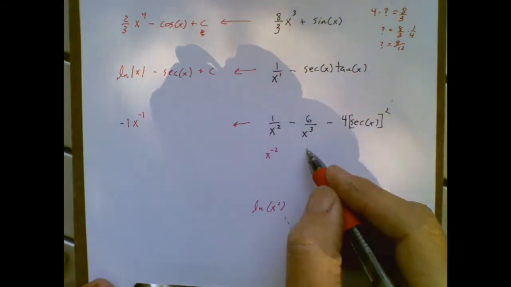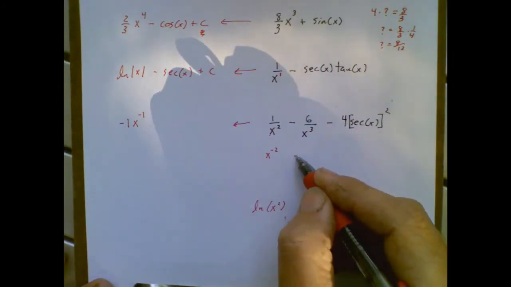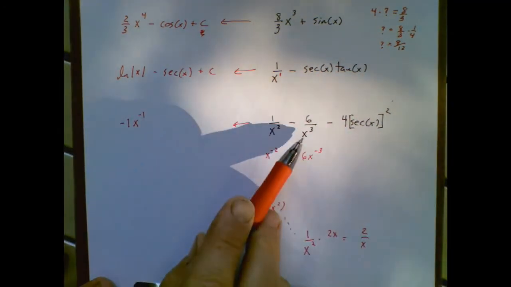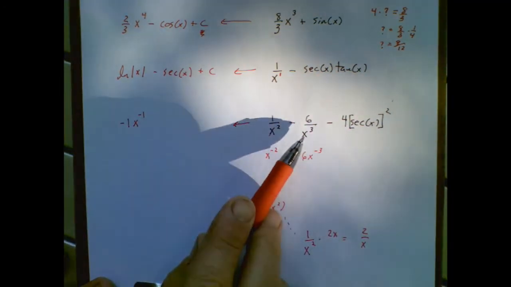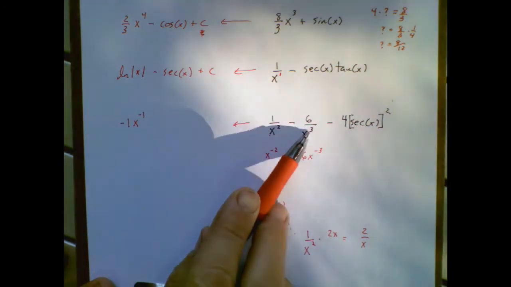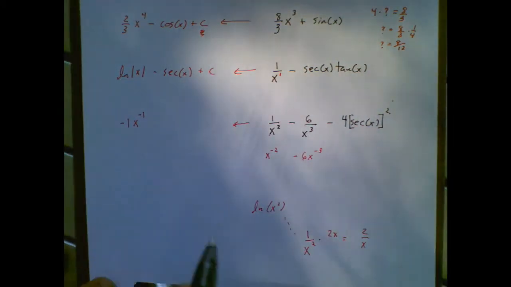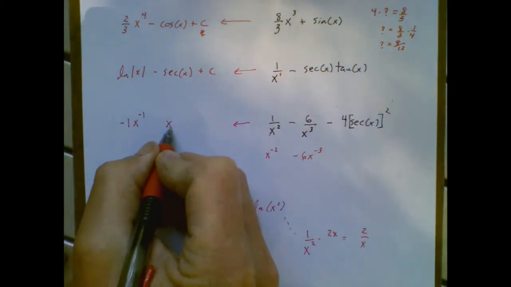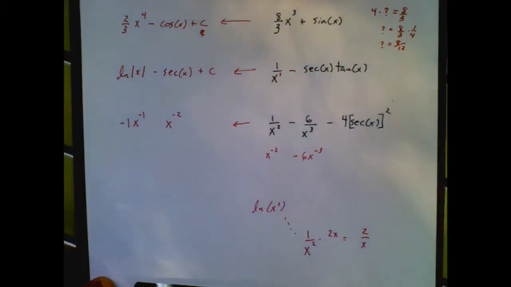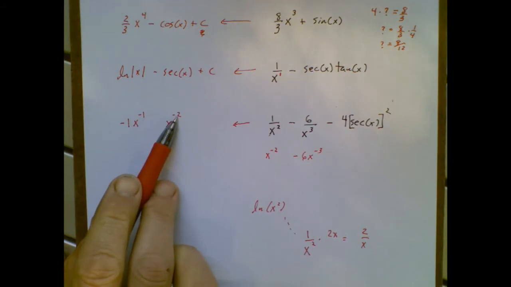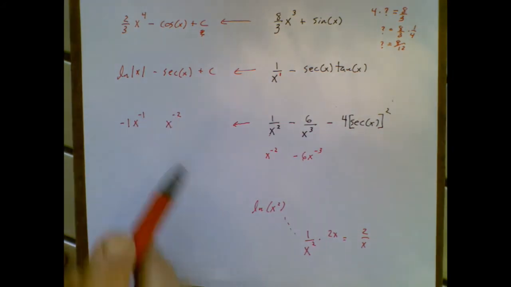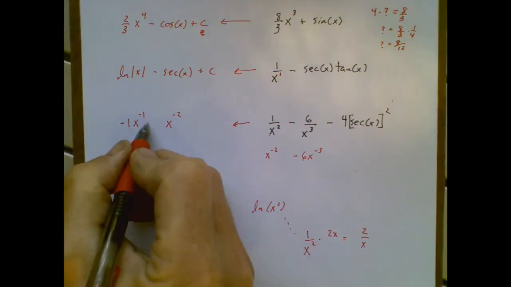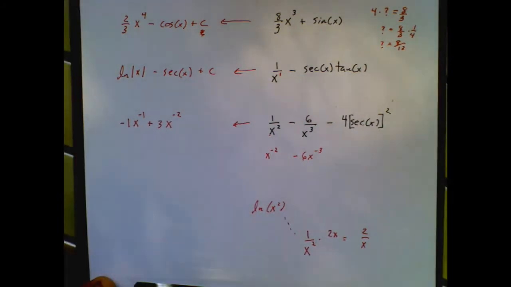So now over here, I would view this as minus 6x to the negative 3. It can't be a natural log antiderivative, because that is an exponent that's not 1. So let's see, I have to go x to the negative 2, because its derivative has to lower that exponent by 1. And I'll need a positive 3 there.